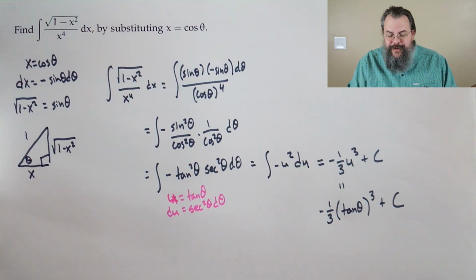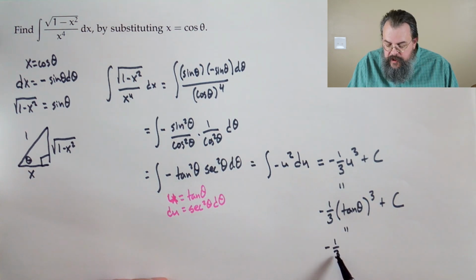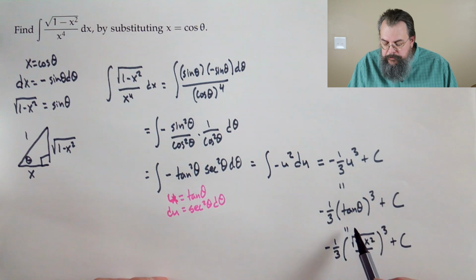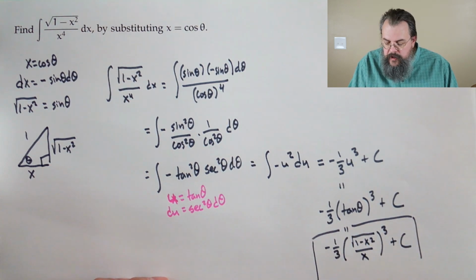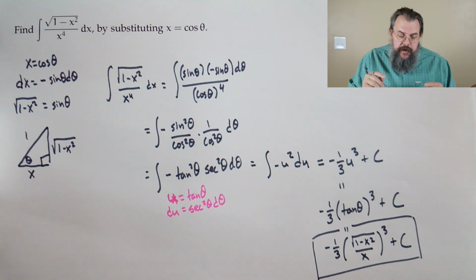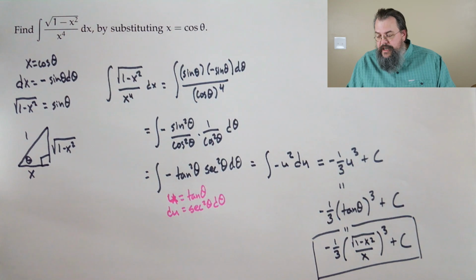We kind of said that before, so no surprises. So we have negative 1/3 times the square root of 1 minus x squared over x, all cubed, plus c. And we're done. Now, I'm going to pause before we jump to why we chose cosine instead of sine.